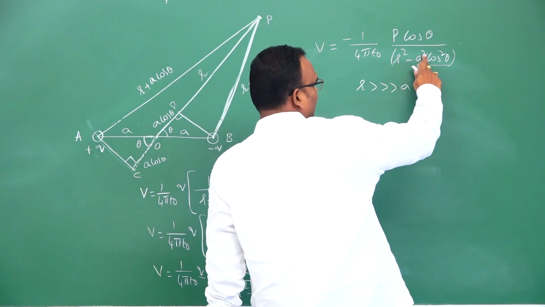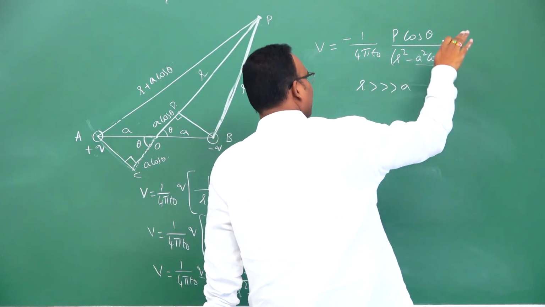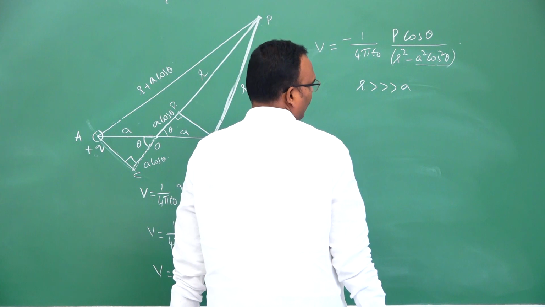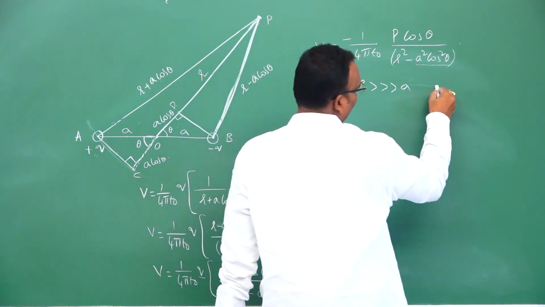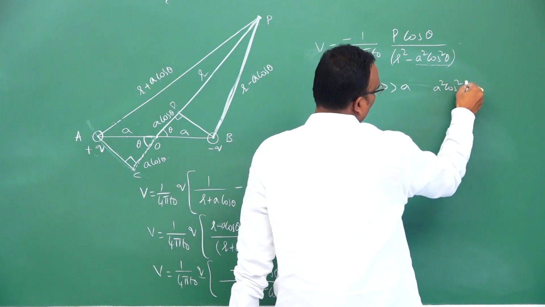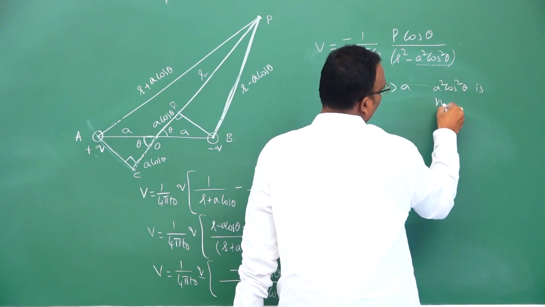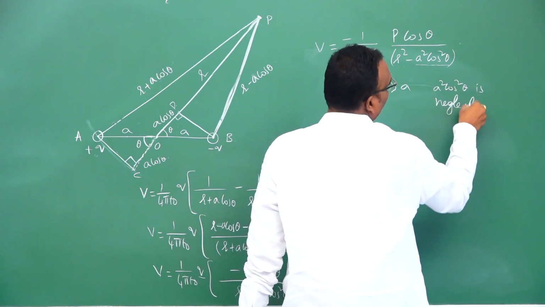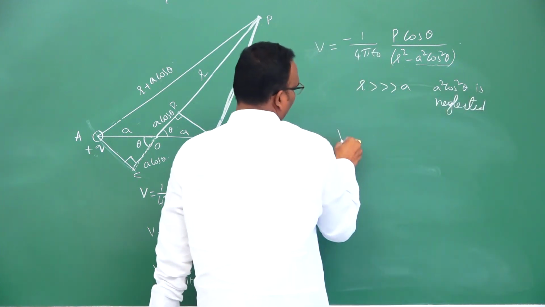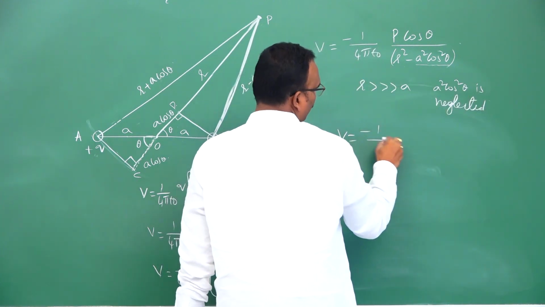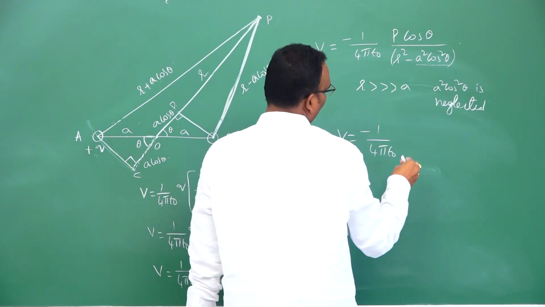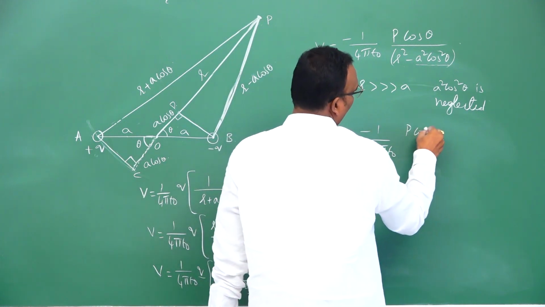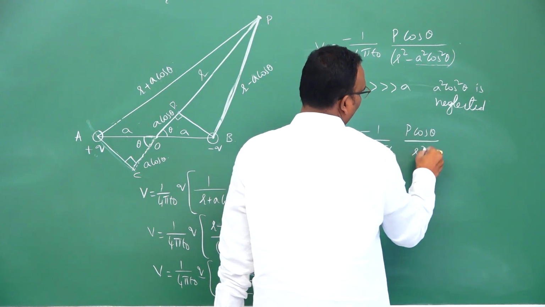Maximum value of A square cos square theta is A square only. Okay, so A square cos square theta can be neglected. Then potential at any point due to a dipole can be written as minus 1 by 4 pi epsilon naught P cos theta by R square.